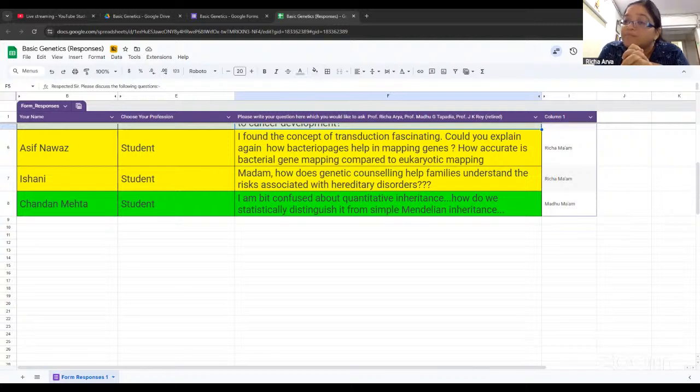That is useful, because if this virus packs the bacterial genes into its genome and then infects the next bacteria, it transfers those genes into that bacterial cell, and that can be used for the mapping. The student is also asking how accurate the bacterial gene mapping is compared to the eukaryotic mapping.